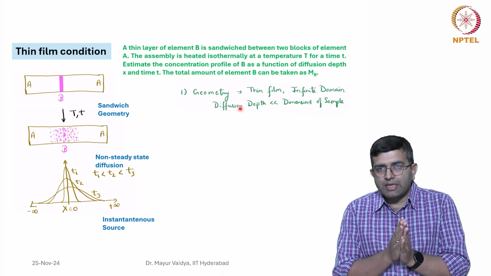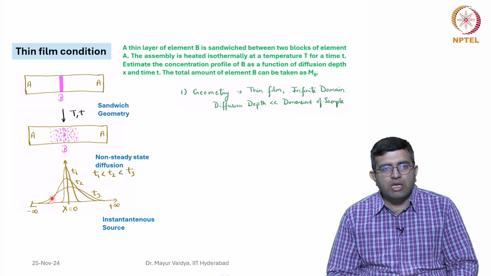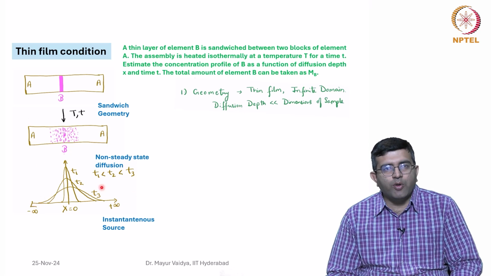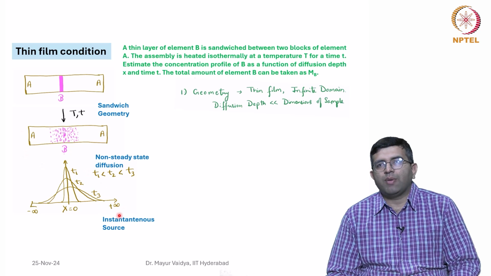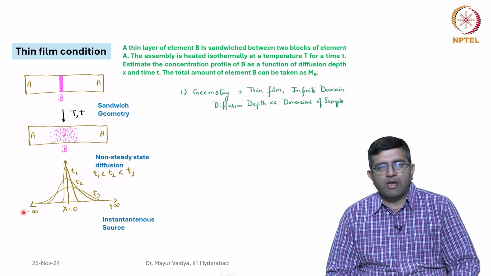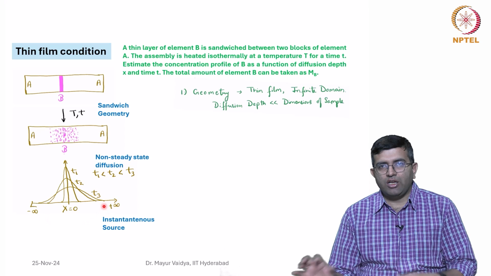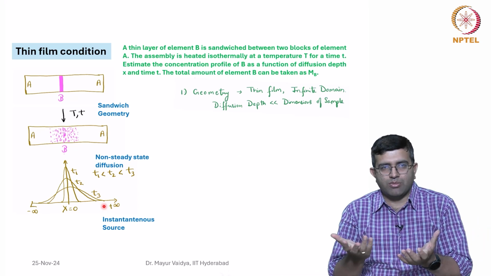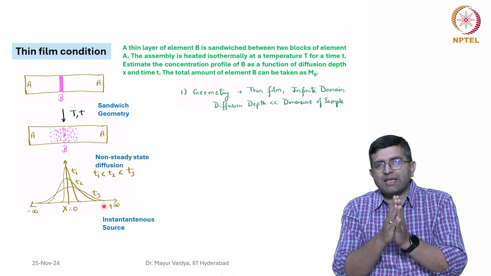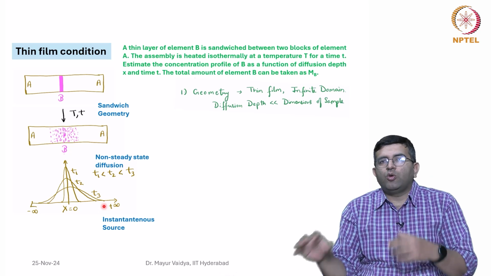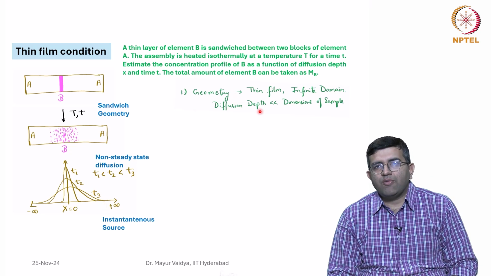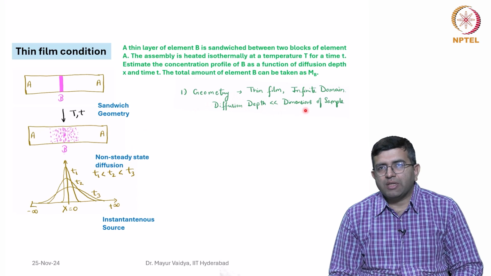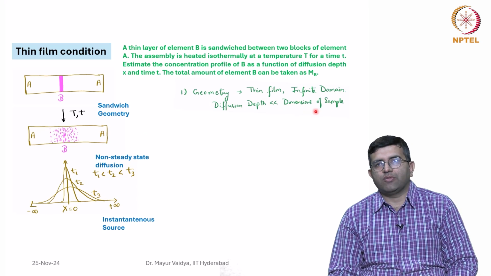What it does is, it allows me to treat mathematically these endpoints as minus infinity and plus infinity. See, when I write minus infinity and plus infinity, it's not that your sample is infinite. That is not possible practically. What it means is the sample is large enough to make this assumption valid, that the diffusion depth is much smaller than the dimensions of the sample.